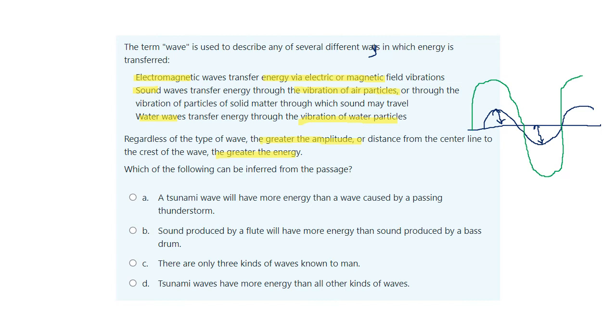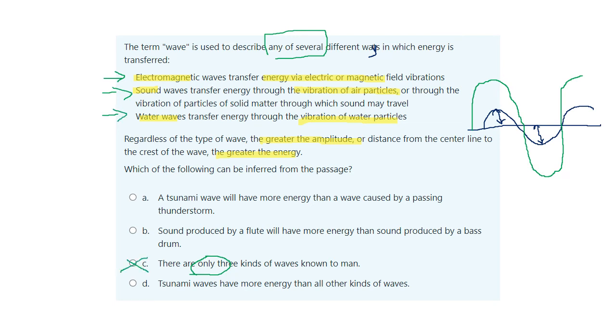What can we infer from the passage? Now see, there are only three types of waves known to man. Well, there are several different waves, but these are examples of waves. There can be other waves. These are just examples.